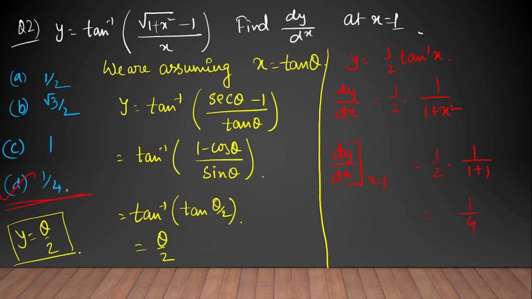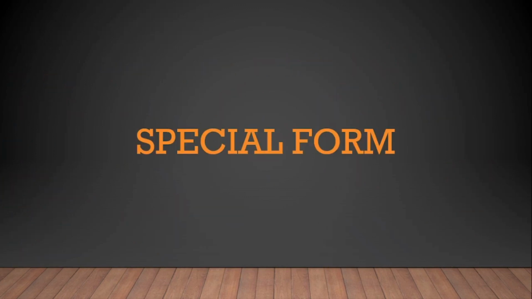Okay, let's go for the next part of our today's discussion. I guess you have understood these questions and derivatives of the following using an assumption in the question. Let's go for our next part, that is special form.